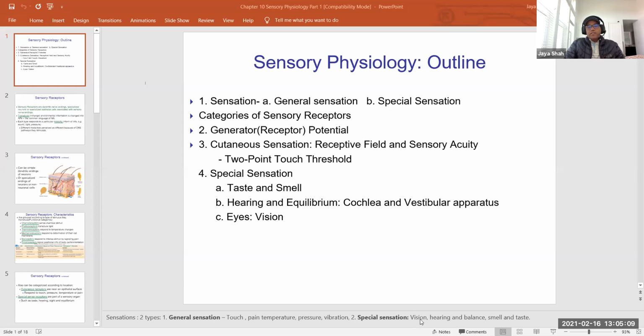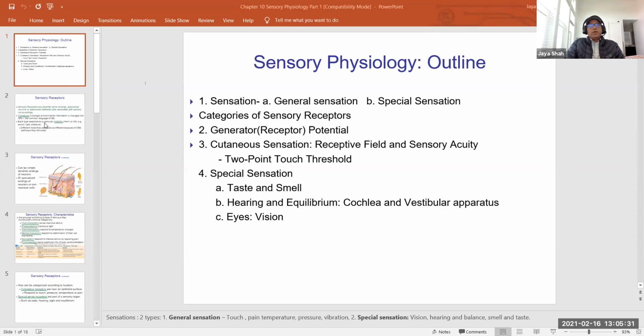The organ for vision is the eye, for hearing and balance it is your ear, for smell the nose, and for taste the tongue. All these spatial sense organs are found in our head region, whereas general sensations are found everywhere in the body, okay?